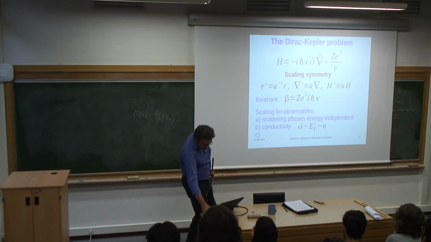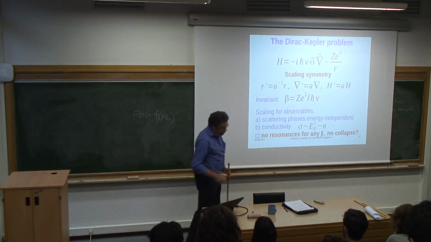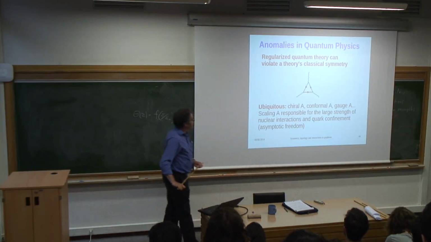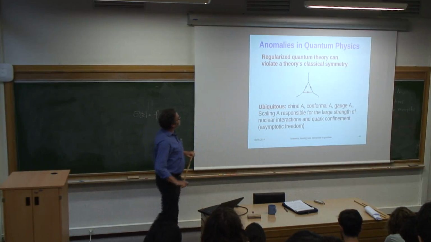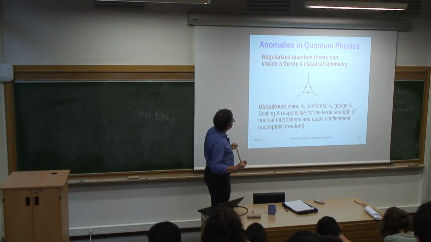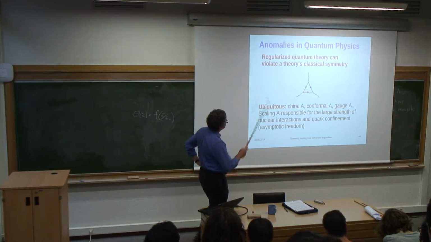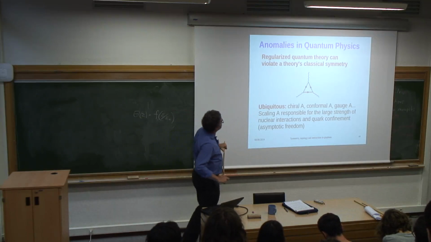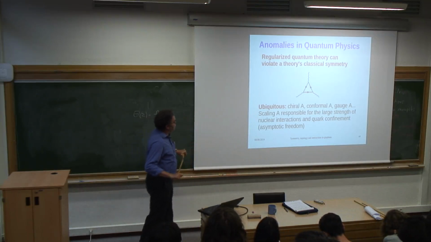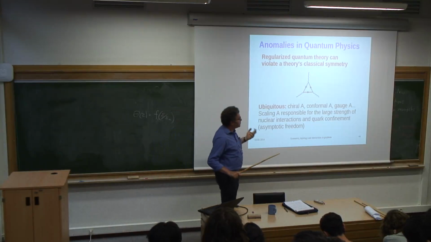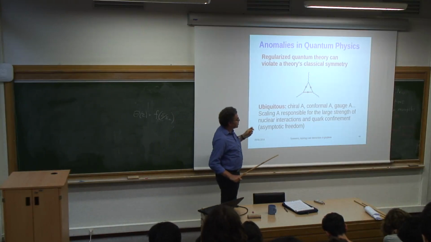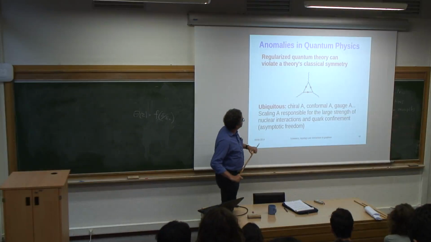So, if scaling symmetry is a good symmetry in the low energy limit, then we cannot have resonance and we cannot have collapse. So the presence of collapse means that scaling symmetry is broken, and it's something that is rather well known in many areas of physics, and very important in high energy physics, where there are various kinds of anomalies that manifest in the fact that when you have a field theory which requires UV regularization, every field theory is like that.